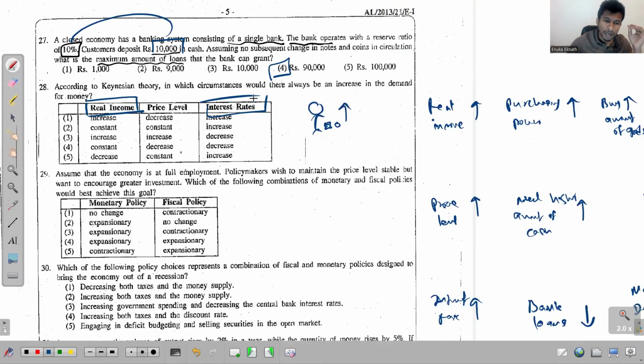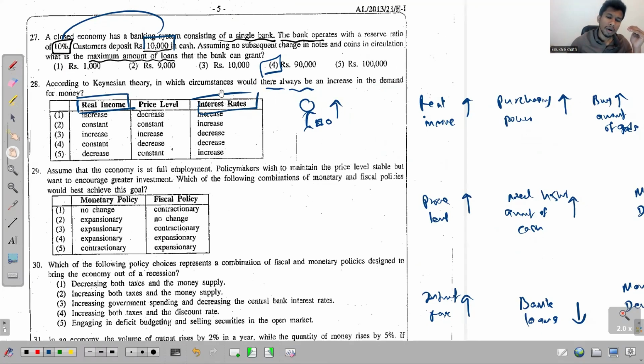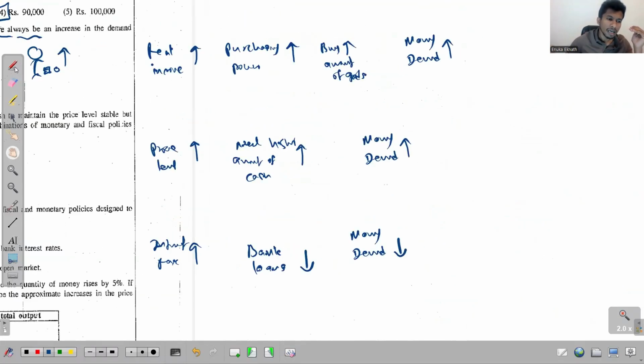In which one of the following options would there always be an increase in demand for money? Okay, if money demand needs to increase, then what needs to happen to the interest rate? The opposite should happen. If interest rates are lower, people will be able to obtain bank loans so that they can keep a higher amount of notes and coins in their pockets.